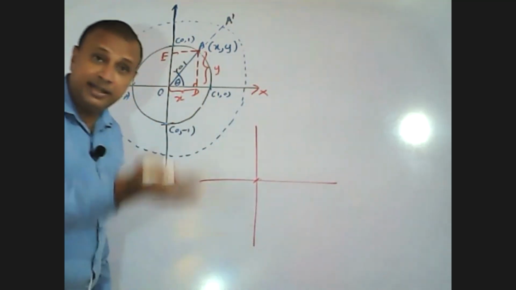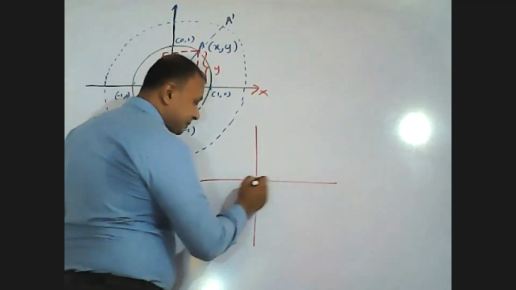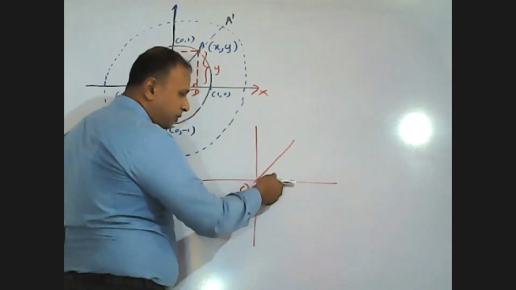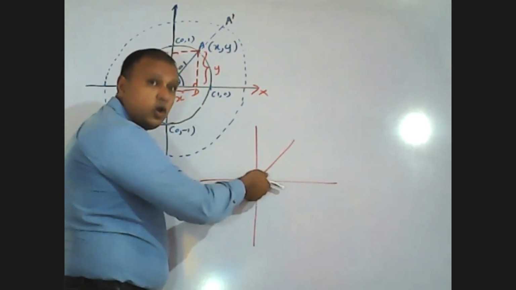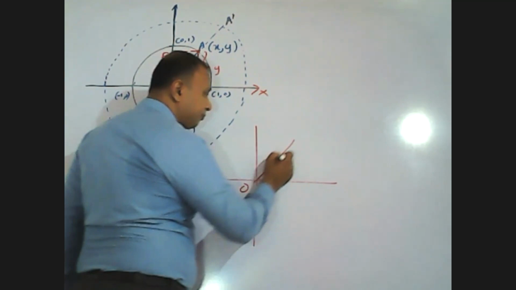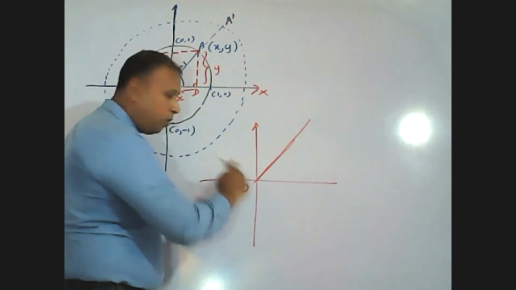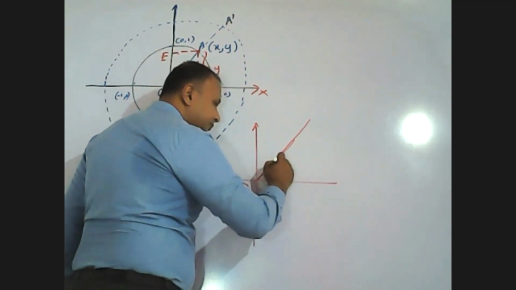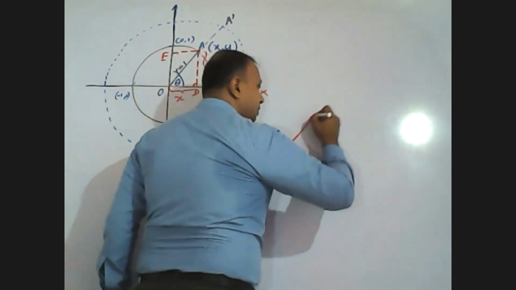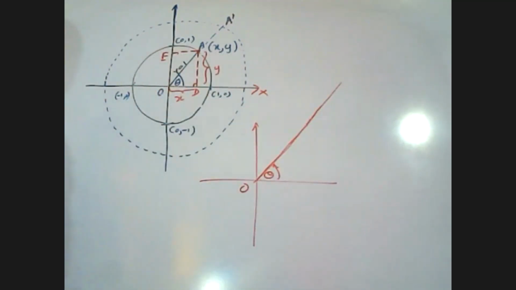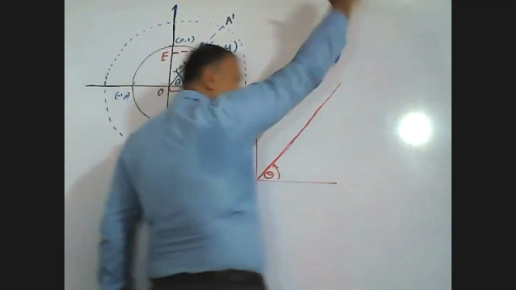You have to rotate that line around O by theta degrees. Now you have rotated this line around point O by theta degrees.